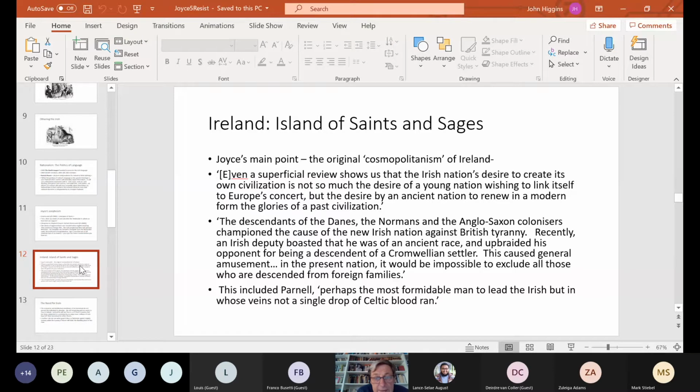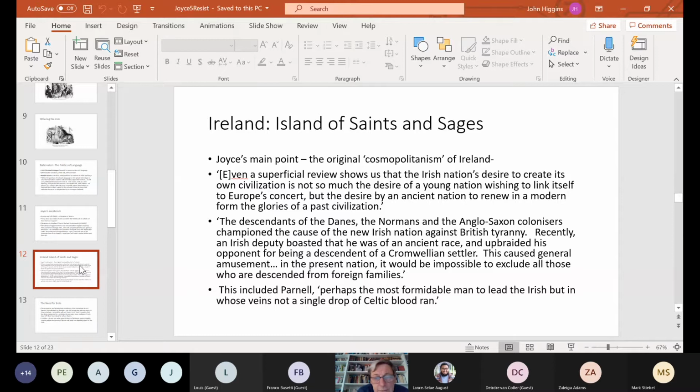Joyce's main point in the essay is to stress the original cosmopolitanism of Ireland, how the idea of a single national identity of blood and race is just not correct.